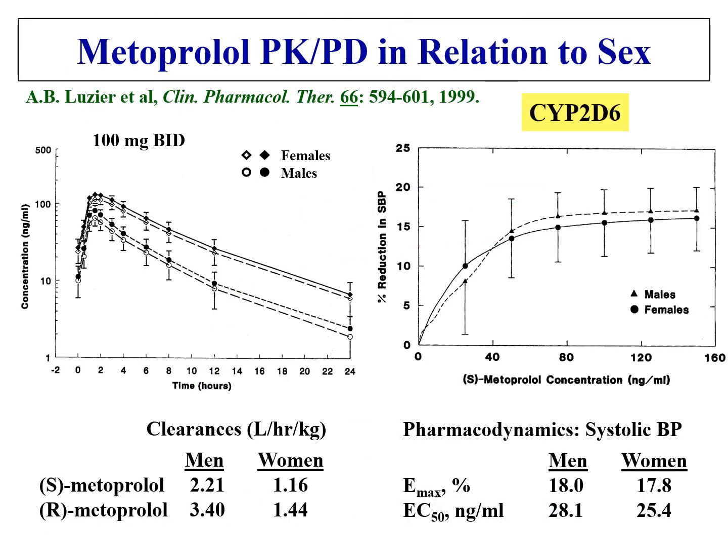A simple example of operation of the Emax equation is in this slide. So these investigators from Buffalo gave metoprolol to male and female subjects. Metoprolol is a 2D6 substrate, but also as it happened, there was a difference in clearance of metoprolol between men and women.